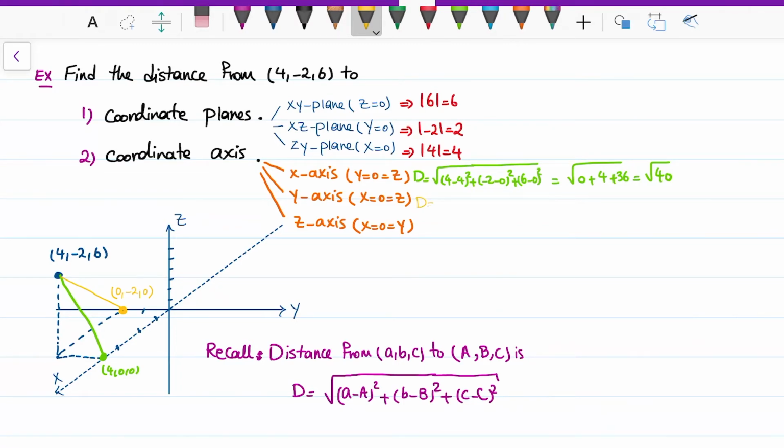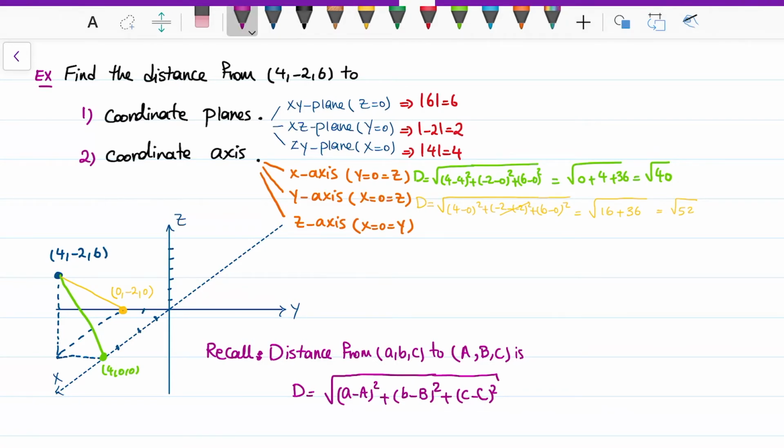Okay, so now I'm writing the distance formula between these 2 points, which would be what? 4 minus 0 squared, -2 minus -2 squared, plus 6 minus 0 squared. So this would be 0. This is 16 plus 36, which would be square root of 52.